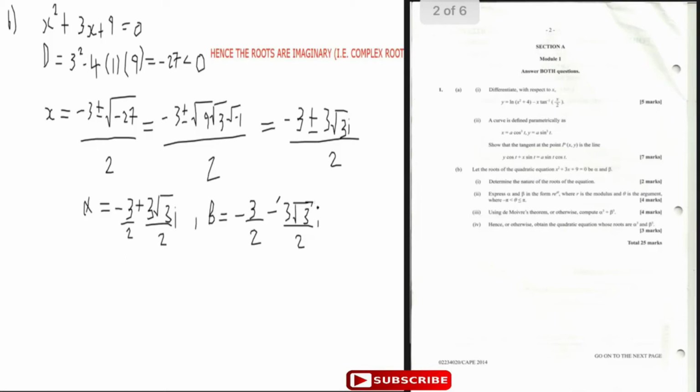Now, of course, the question is nowhere near complete. It says we need to express it in the r e to the i theta form. So this is the answer in standard form, all right? But we need to express it in polar form. So we need to find r.